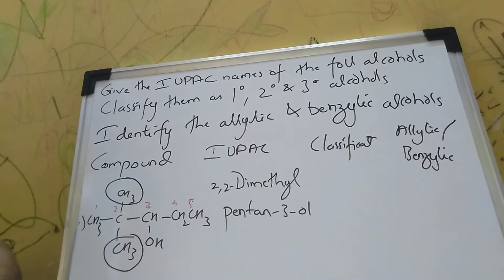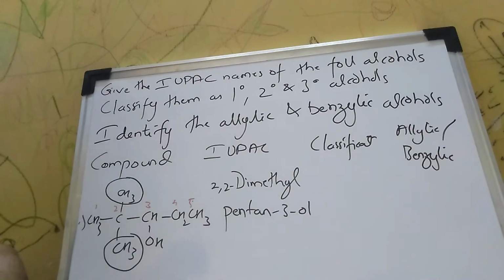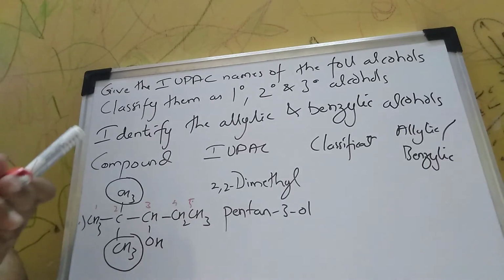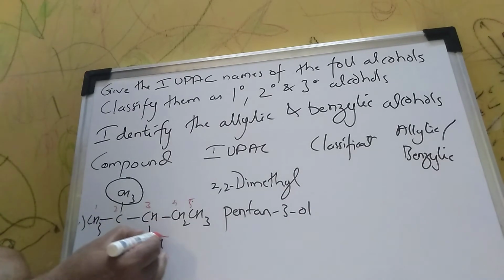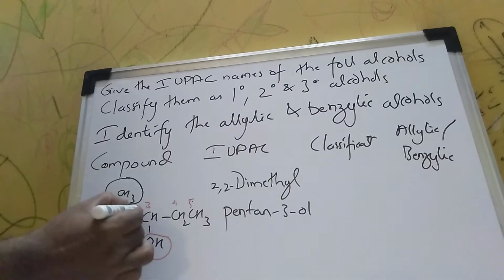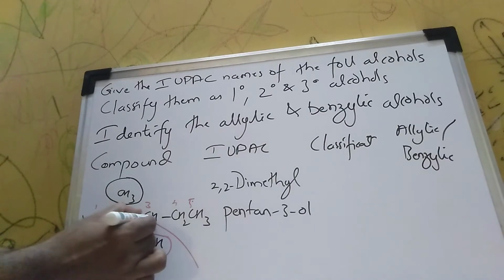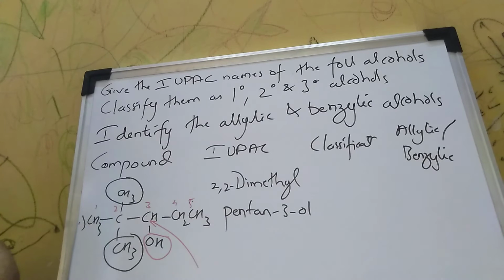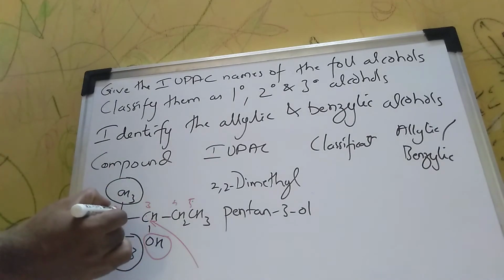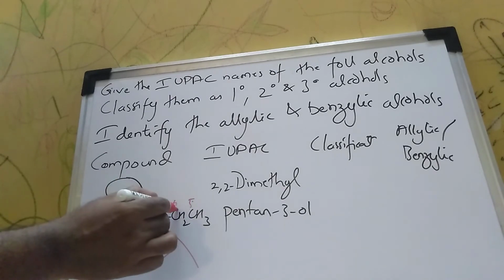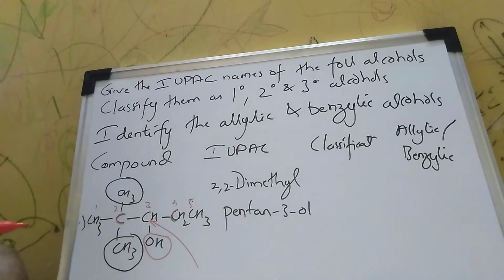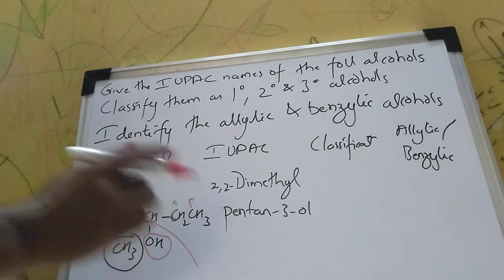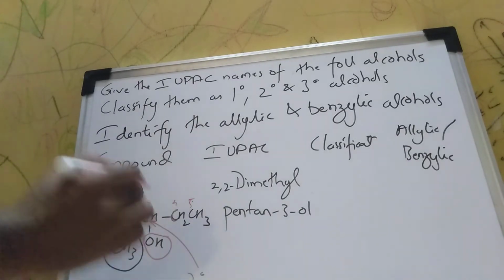Now the classification of the OH group. This OH group is attached to this carbon atom. Now this carbon atom is in turn attached to 2 different carbon atoms, and one H, which means it is secondary.